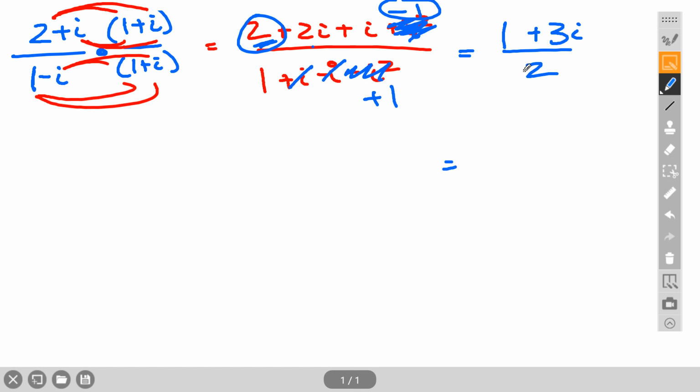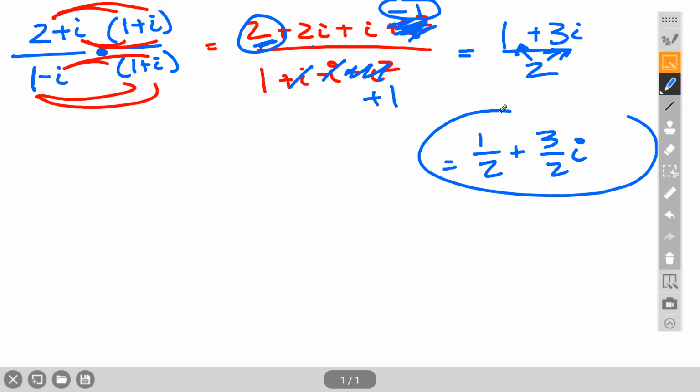Now that I've made the denominator real, it's 2, I can split it to each of the parts. So the real part is 1, so it's 1 over 2. The imaginary part is 3, so it's 3 over 2i. And this would be my quotient.